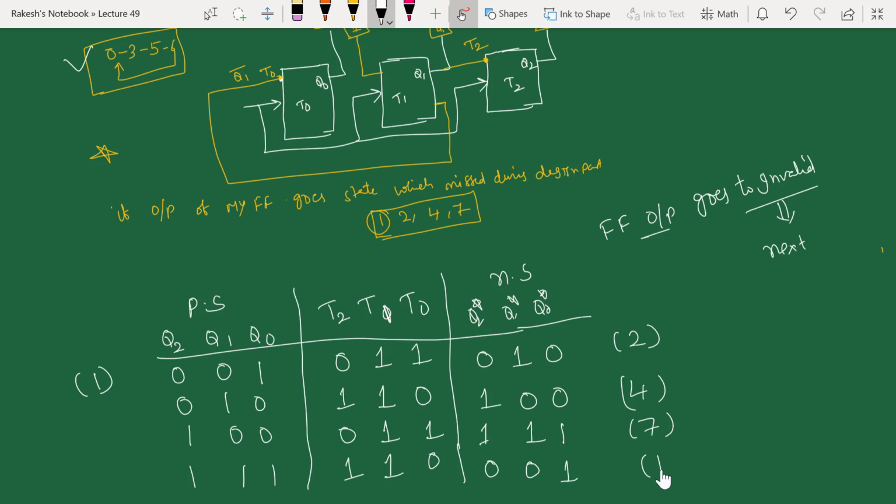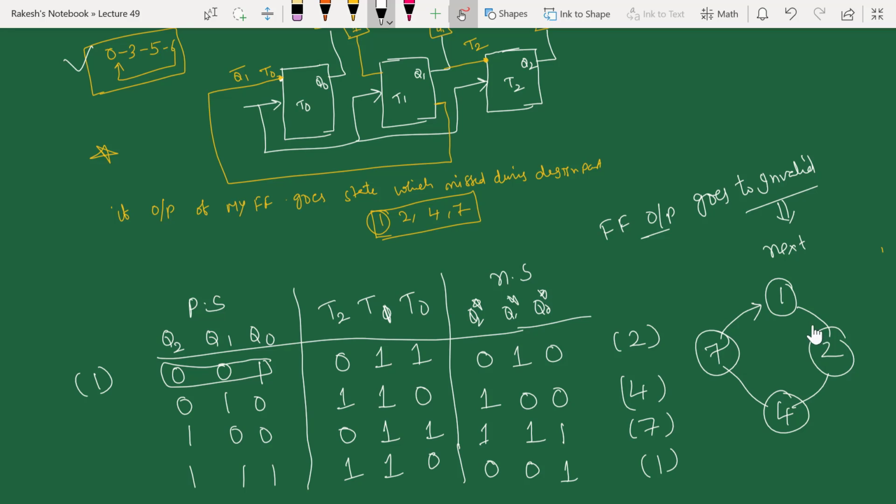That means it goes to state 1. So you started with 1, your counter goes from 1 to 2, then 2 to 4, 4 to 7, and 7 to 1. This loop will be forever.